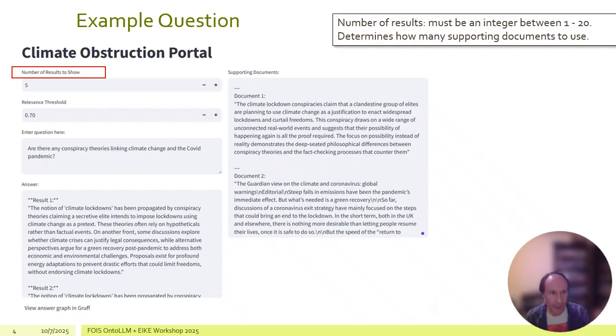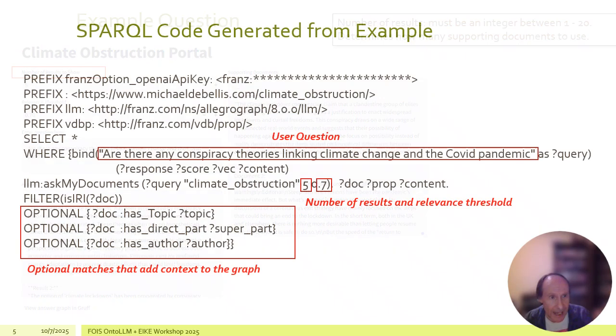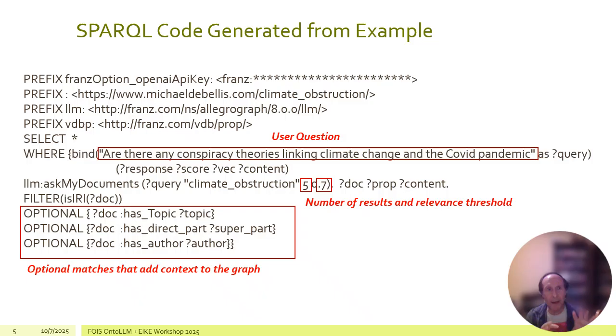So you enter all three of those parameters, and then what happens behind the scenes is in that serve.io function or file that I described, we have a bunch of text that's a template for a SPARQL query. Essentially we have all the text that you see here except for the user question, the number of results, and the relevance threshold.